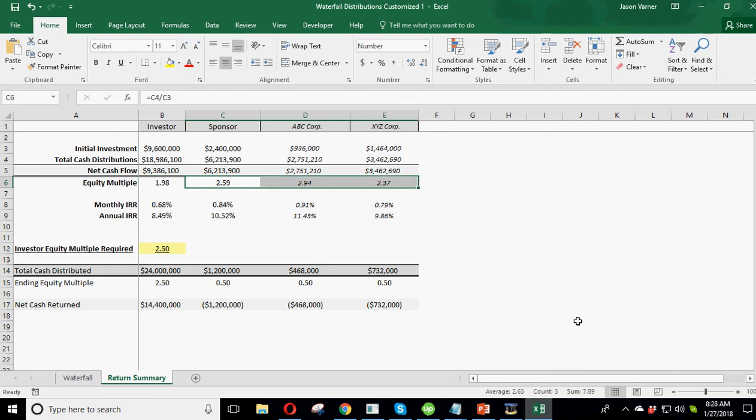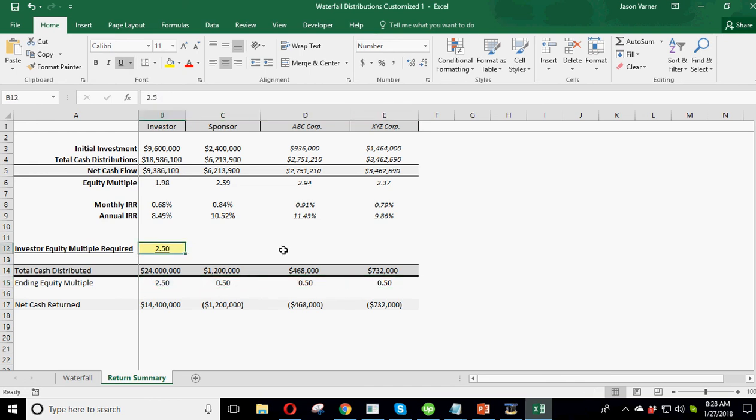So all the hurdles are reverted back to pari passu, and the investor gets this preferred 2.5 multiple, and then everybody else gets whatever's left. And again, it's negative here. You can see ABC Corp put in 936,000. They're actually only getting back 468. They're actually having a loss of 468. So 0.5 equity multiple. An equity multiple below 1 means you don't get back as much as you put in.